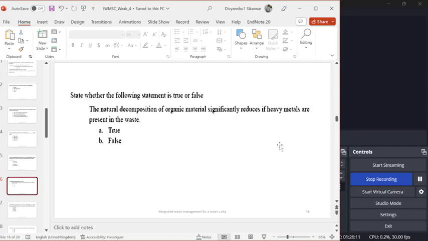So it depends on the pH conditions and what elements we have in the leachate. Directly, we can't say that just because heavy metal is present, it will leach. If conditions are significant, then only it will leach. Okay.